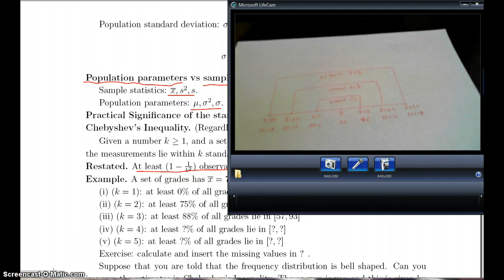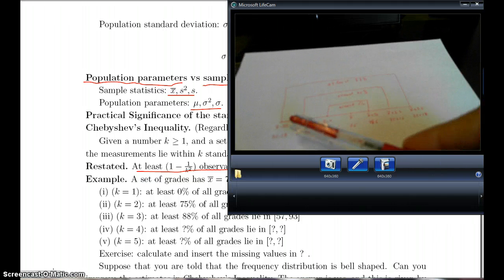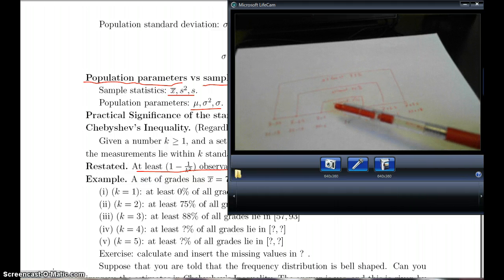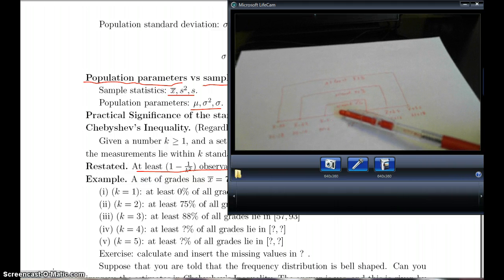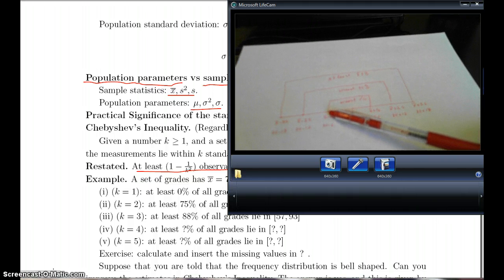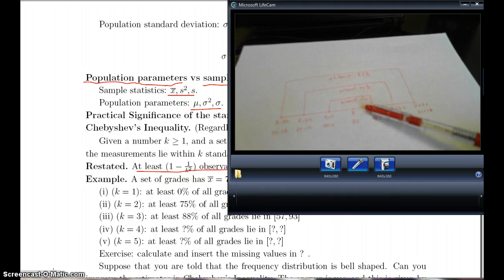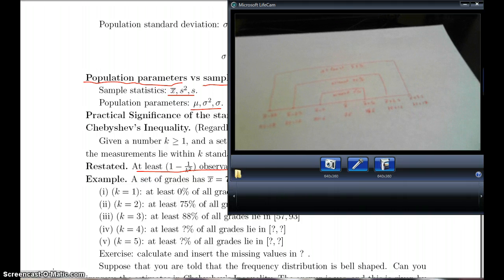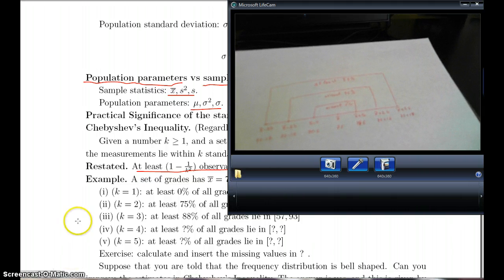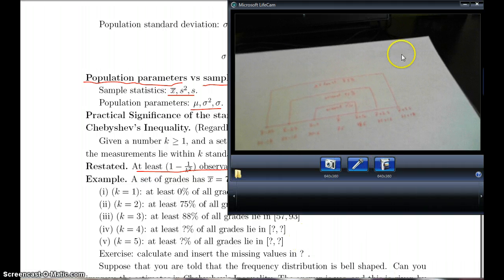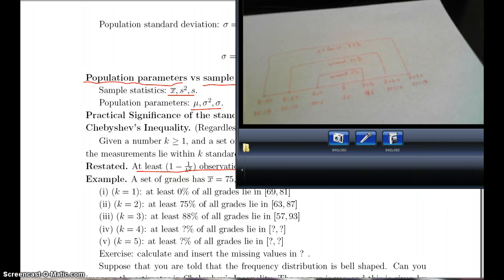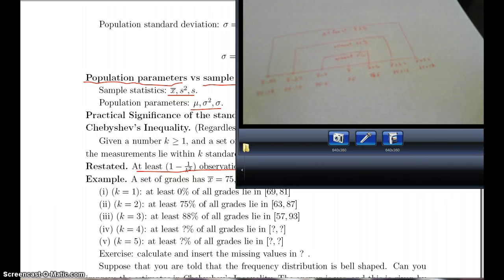And so if my data set is spread around this interval here, based on this Chebyshev rule, it would tell me at least 0% of the measurements are in this interval, not much. But it tells me in this interval from 75 minus 12 to 75 plus 12, you've seen it here, I have 75% of the measurements.